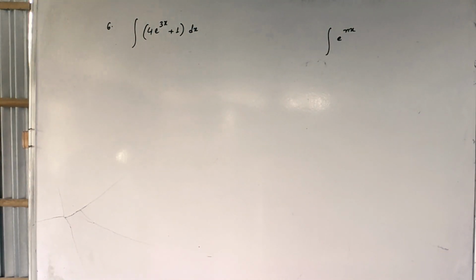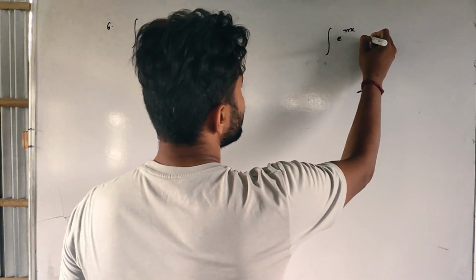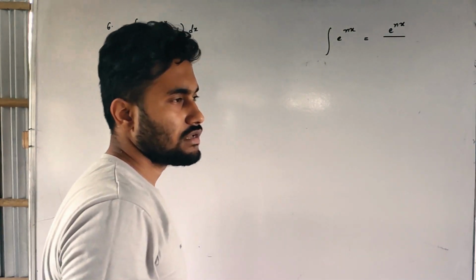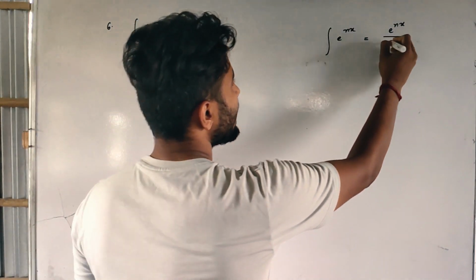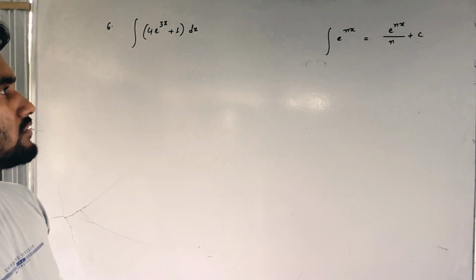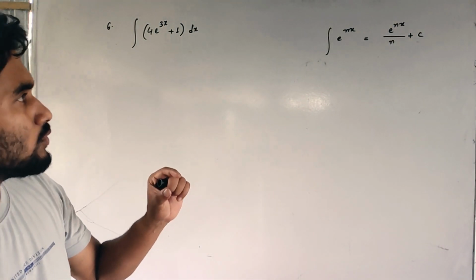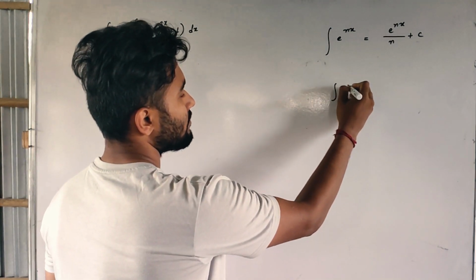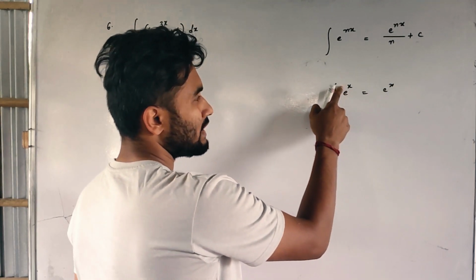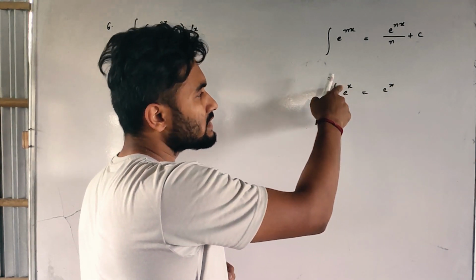So what is the integral of e to the power nx? The answer is e to the power nx, and what is multiplied with x? It is n, so you have to divide by n, plus c, constant. So this is the formula. If there is integration of e to the power x, it will be e to the power x, since what is multiplied with x is 1.